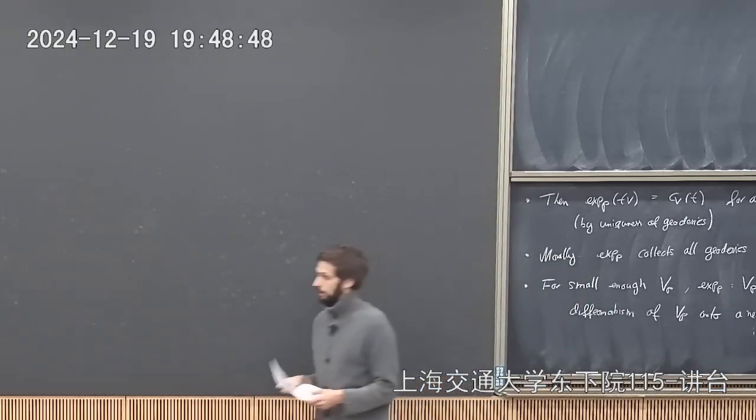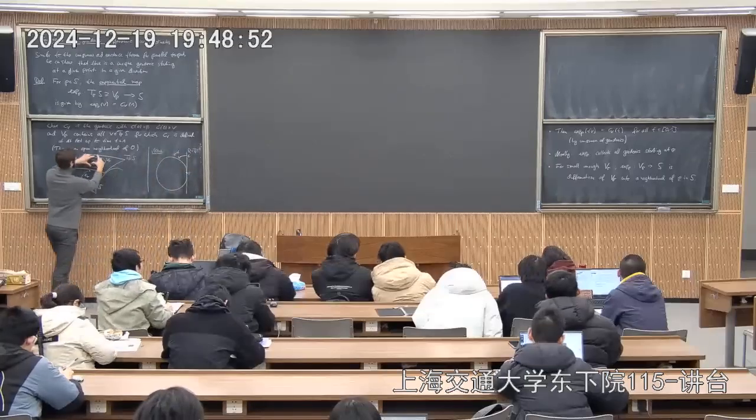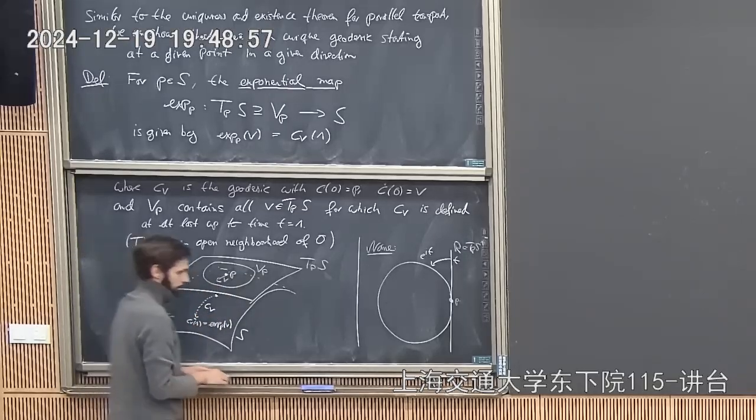So that says that a small neighborhood of the tangent space here is identified with a small neighborhood on the surface downstairs.